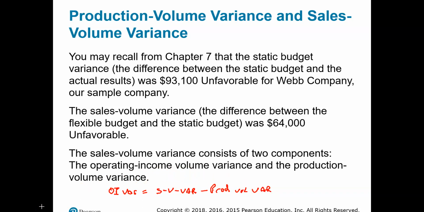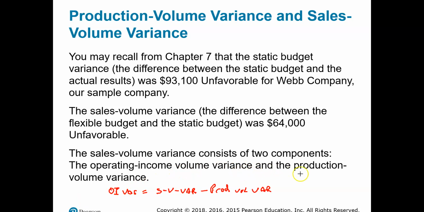Now, what is an operating income volume variance? You usually don't hear about that in managerial accounting, and there's really no major topic on that in cost accounting. The operating income volume variance is simply treating a fixed amount of overhead as if it behaved in a variable manner.